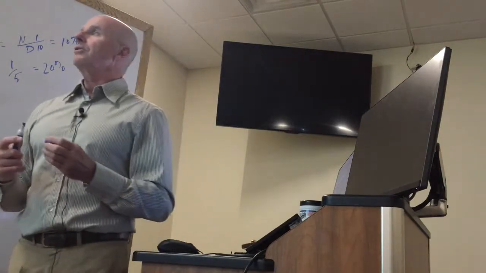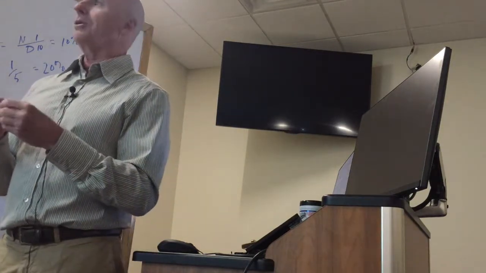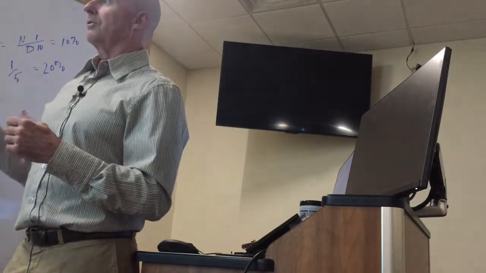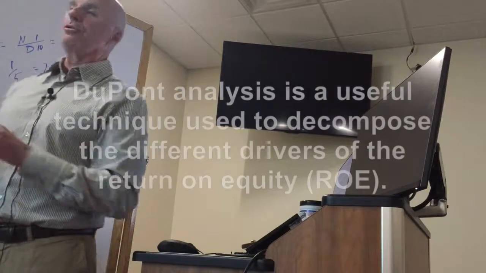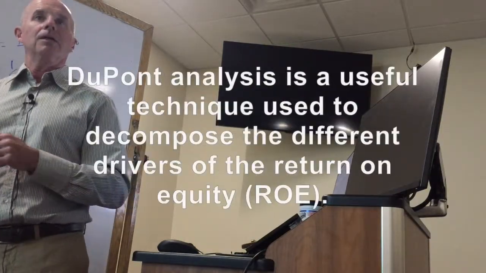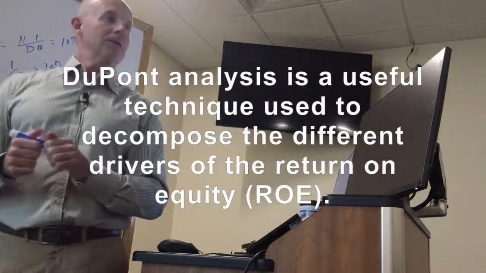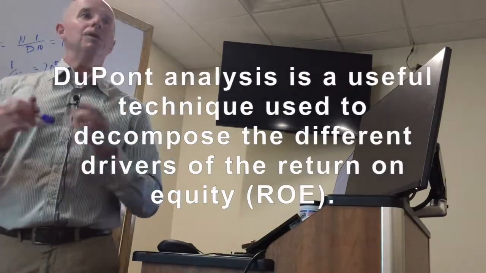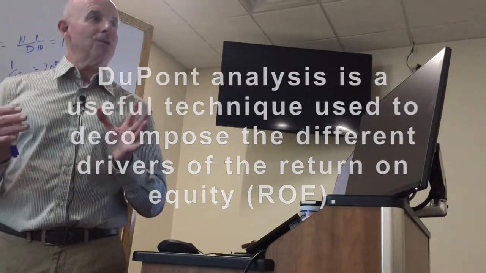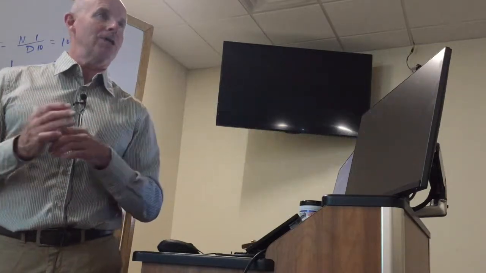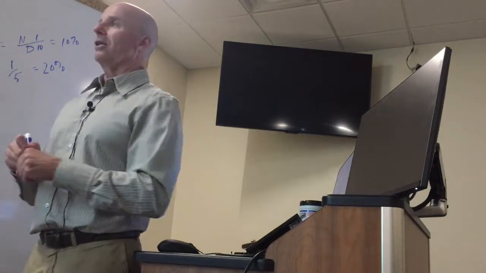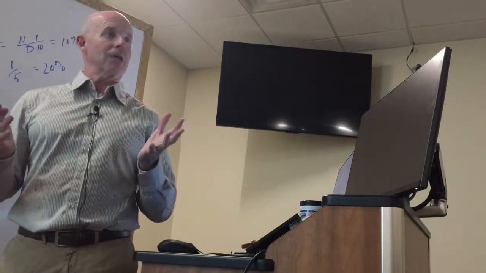So there's fundamental analysis where we're looking at the numbers, and there's financial ratios, and we're also going to talk about DuPont analysis, which was started by the DuPont company, a big chemical company, in the 1920s, as a way to take apart the drivers of return on equity, and return on equity is one of these performance ratios. How much money are you getting back on the shareholders' equity?